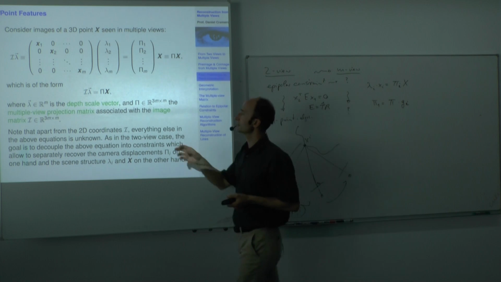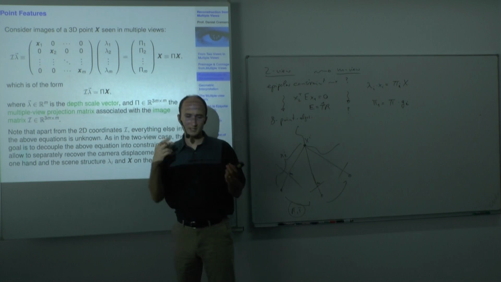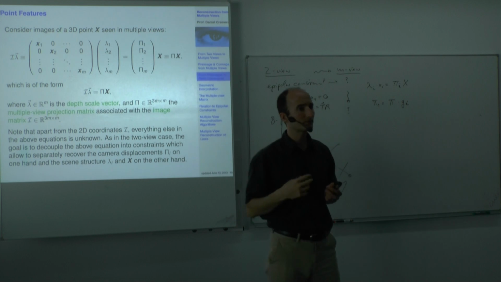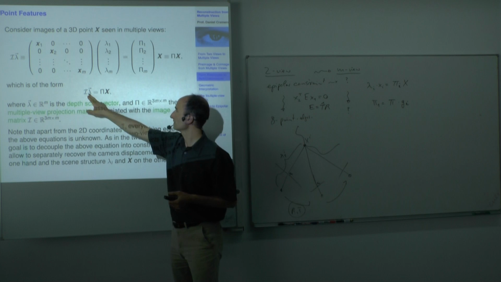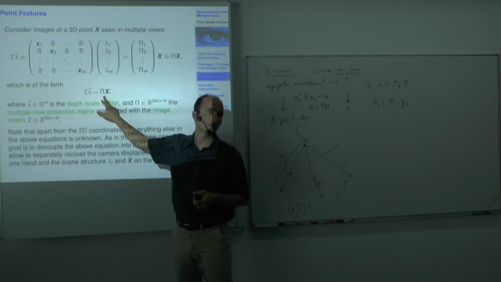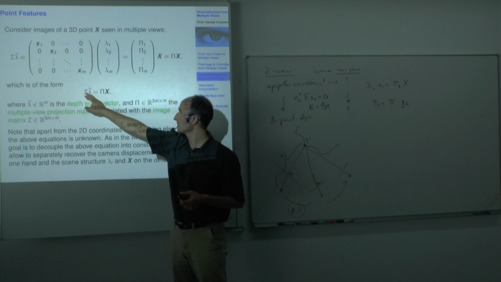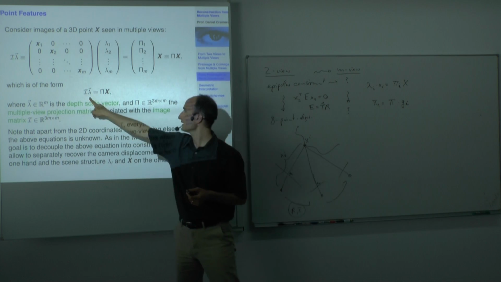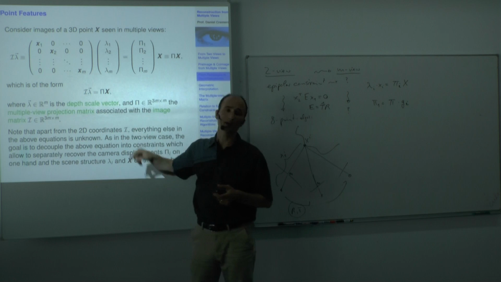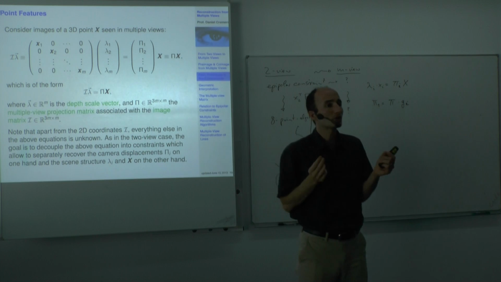Unfortunately, this is not a linear system that you can directly solve for the unknowns. You could solve it for lambda if all the rest was known, but here it's a linear equation system where there's almost nothing known, or very little. The only thing that is known is I, the rest is unknowns. But it is some constraint, at least.